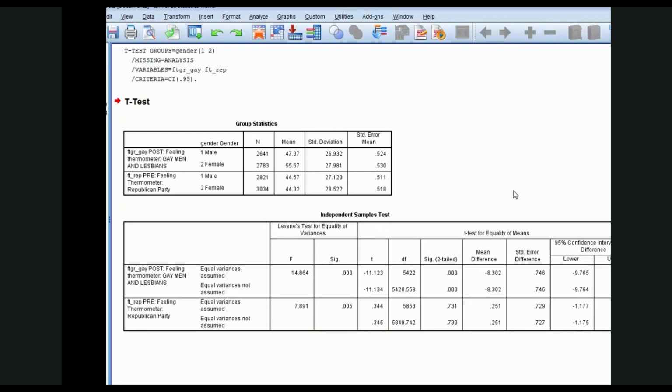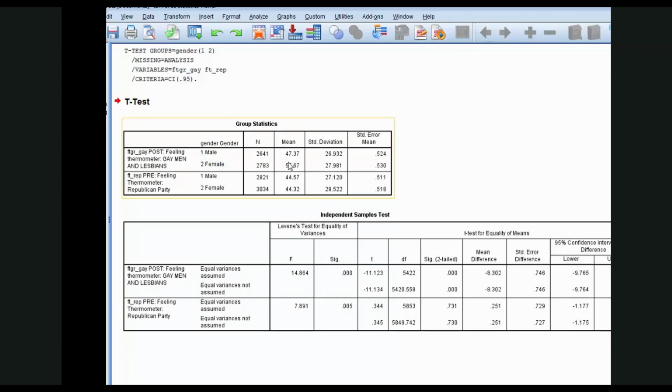And we get a formidable looking set of output here. Let's take stock. Up here we have the group statistics. Here's the gay feeling thermometer. Males rated gays at 47.37. Women rated gays at 55.67. This would seem to be a rather large difference.